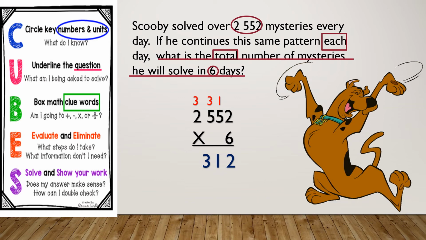Plus 3 gives us 15. And there are no more numbers for us to regroup, so we can just put the 15 right under the thousands. And so our product is 15,312. So the total number of mysteries that Scooby solved in 6 days, 15,312 mysteries. That's a lot of mysteries.